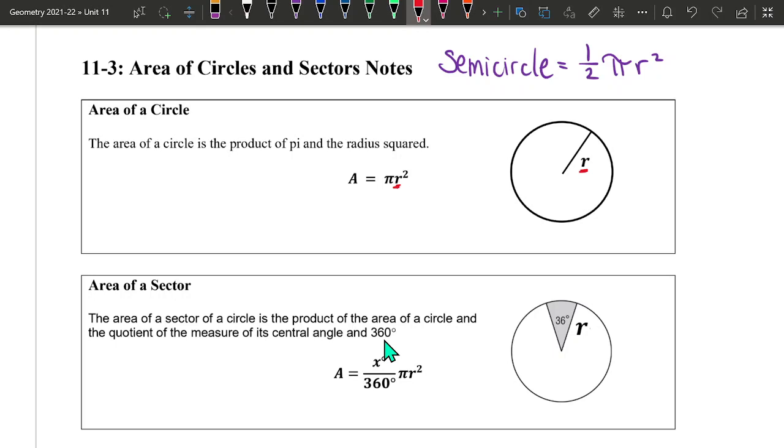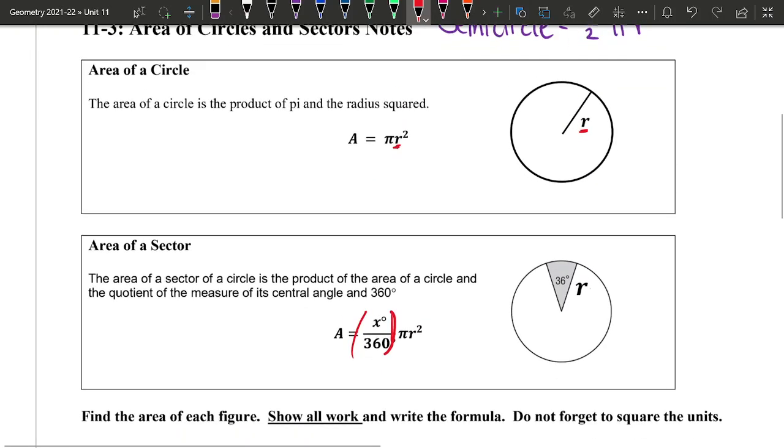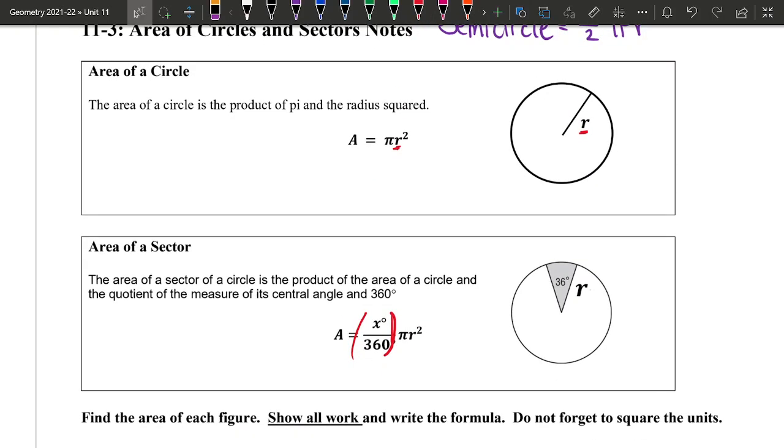The central angle was M degrees. So it'd be M divided by 360 times the area of the circle, pi r squared. So basically you just put this in parentheses in your calculator and do it the same way. The X is 36, right? Yes, in this case, that example X would be 36.